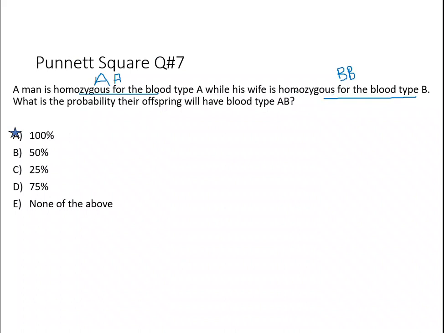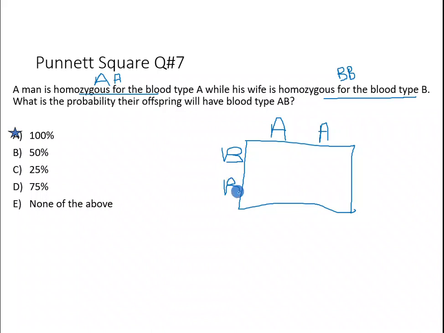Okay, so let's go back to that. What is the probability that their offspring will have blood type AB? Well, you draw the Punnett square. When you draw the Punnett square, I like to put the man here. So A, A, and the woman will be B, and B here.